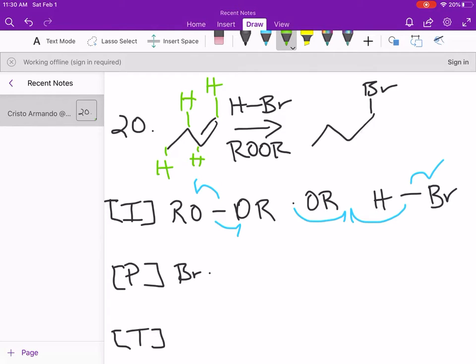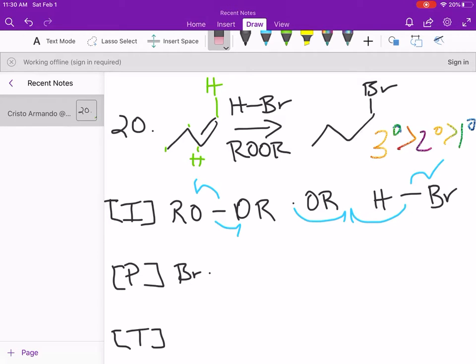But let's think back on the stability of radicals. We know that tertiary radicals are more stable than secondary radicals, more stable than primary radicals, right? So it's going to want to leave the radical on the most substituted carbon.